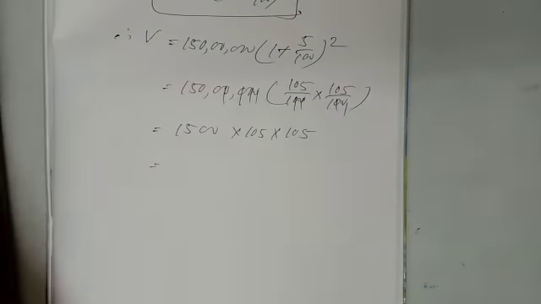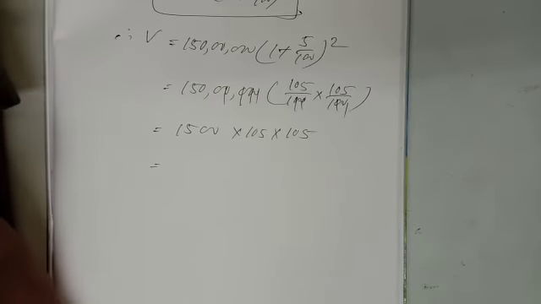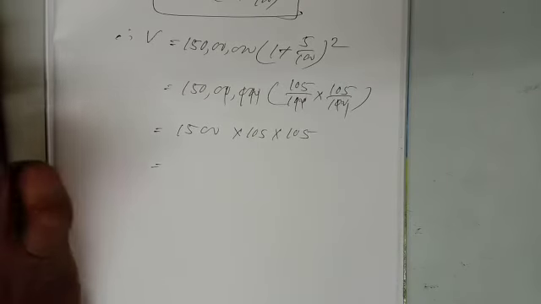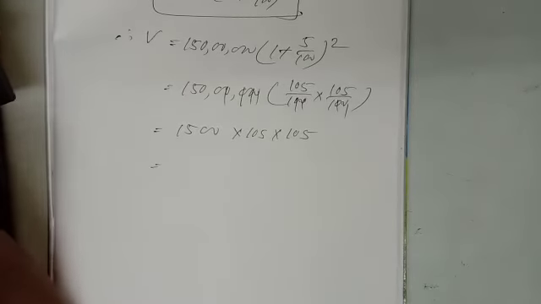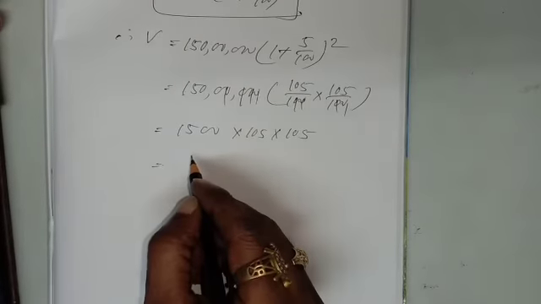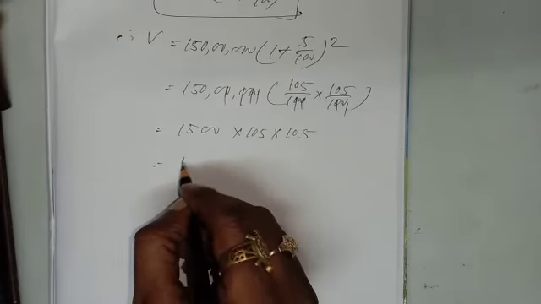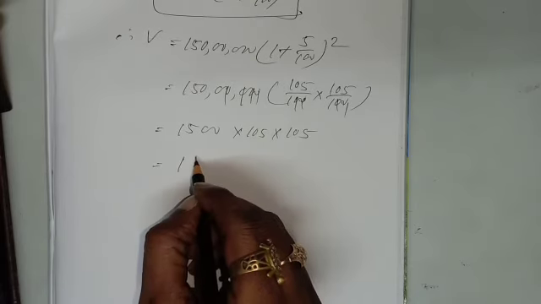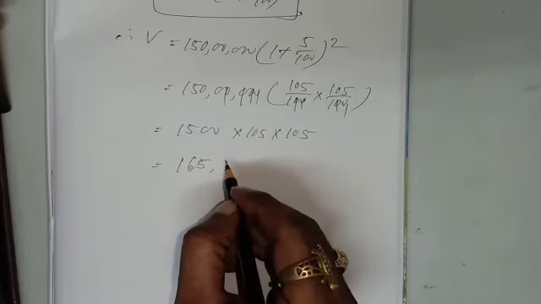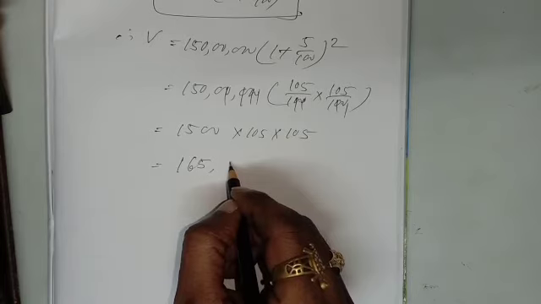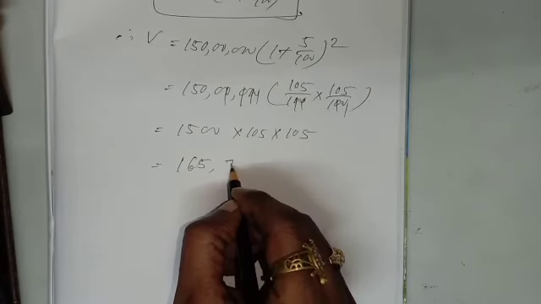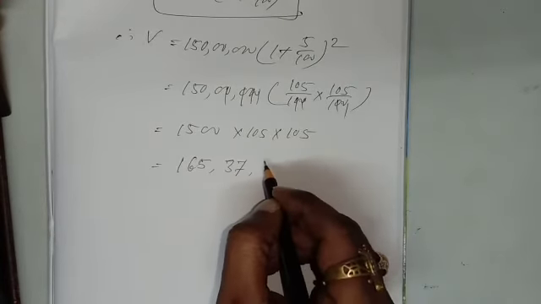You have to multiply. How much is coming? 105 into 105 into 1500 is coming 165 lakh 37,500.